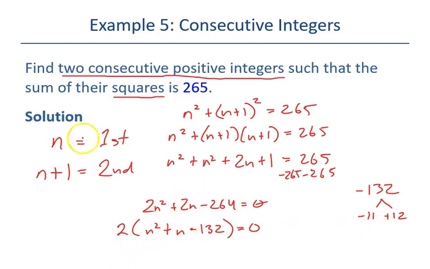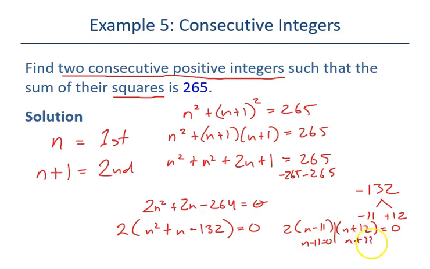And so our factored version of this is going to be n minus 11 and n plus 12, all equal to 0. So now what we need to do is solve. When we set these equal to 0, we've got n minus 11 equals 0.